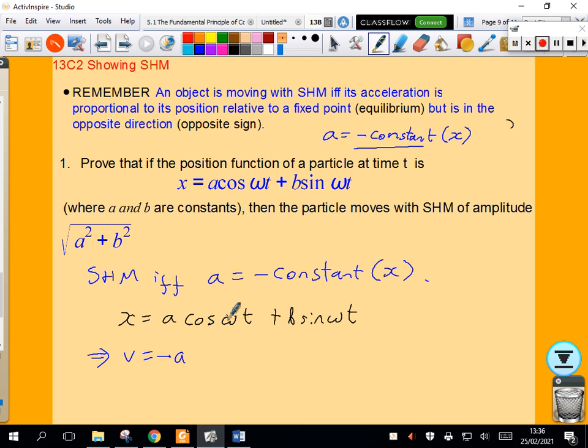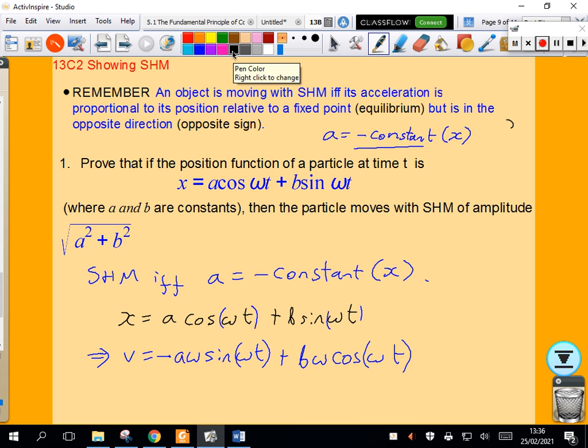The derivative of the argument, omega t here, is just going to be omega, and then we're multiplying by sine of omega t. Similarly, the derivative of sine is cosine, and you'll be using the chain rule because that's omega times t, and what you should get is b omega cosine of omega t. So that's the velocity function.